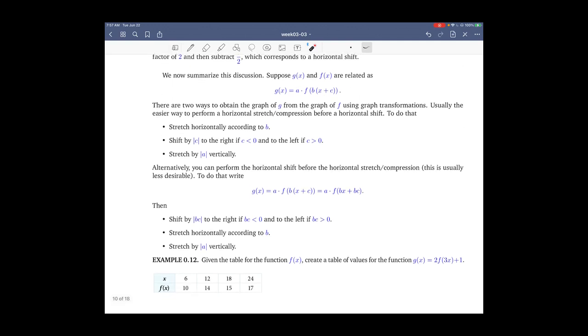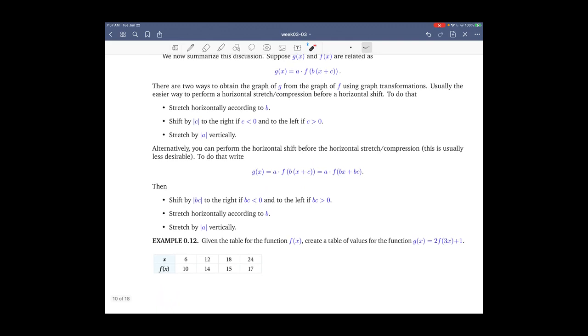If you like going the other way, and you have your function written this way, a times f of bx plus bc, and you don't want to factor out the b, then you shift first to take care of bc.